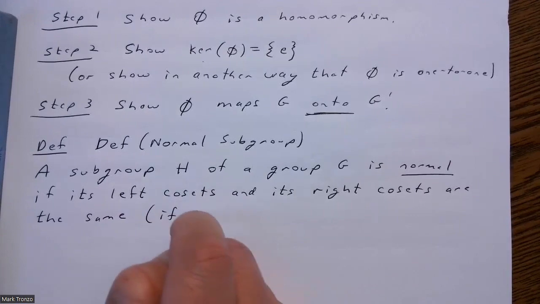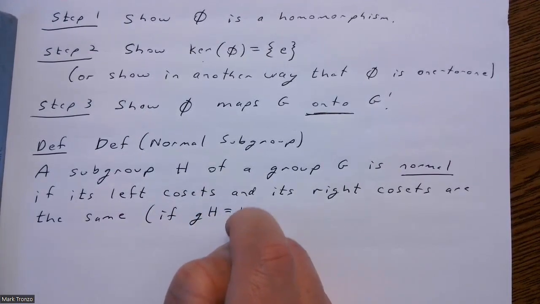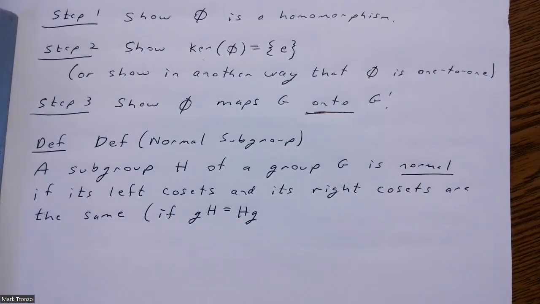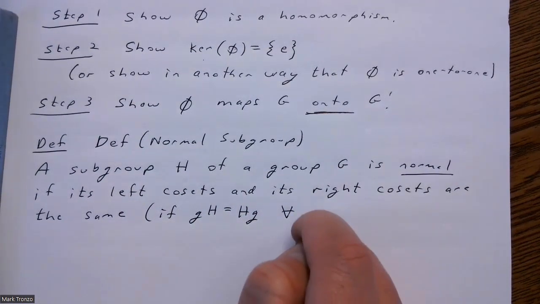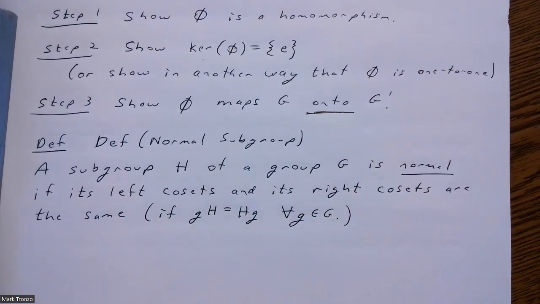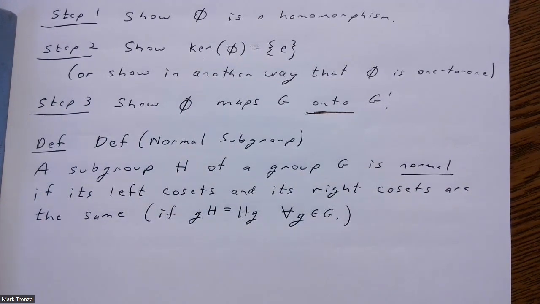That is, if GH equals HG for all G in the group. So in other words, if all of its left and right cosets, for every possible member of G, are equal, then it's called normal.